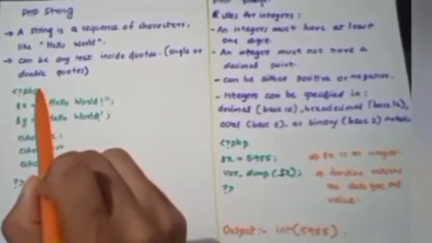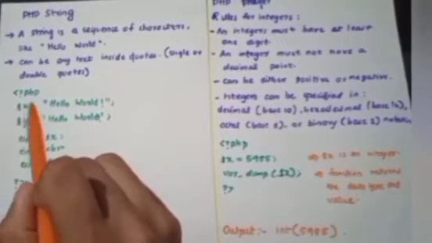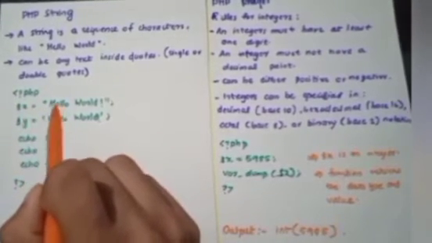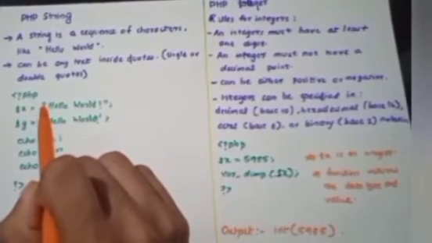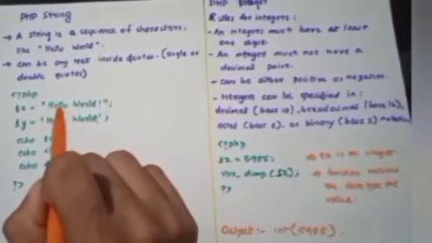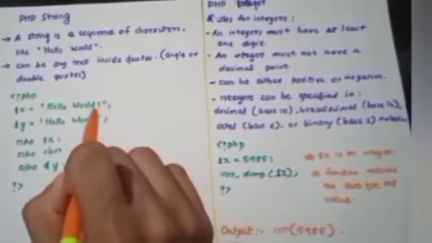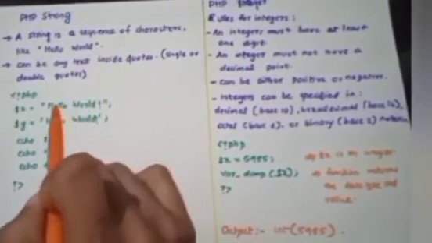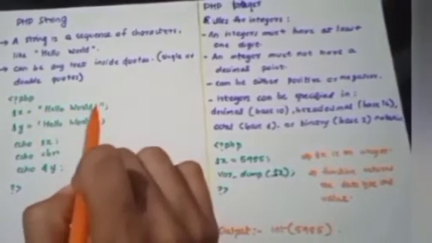We started with our PHP tag, and inside it there is a variable x, giving the value "Hello world", and since this is a string, it is denoted by double quotes. It can hold not only letters but also other characters.